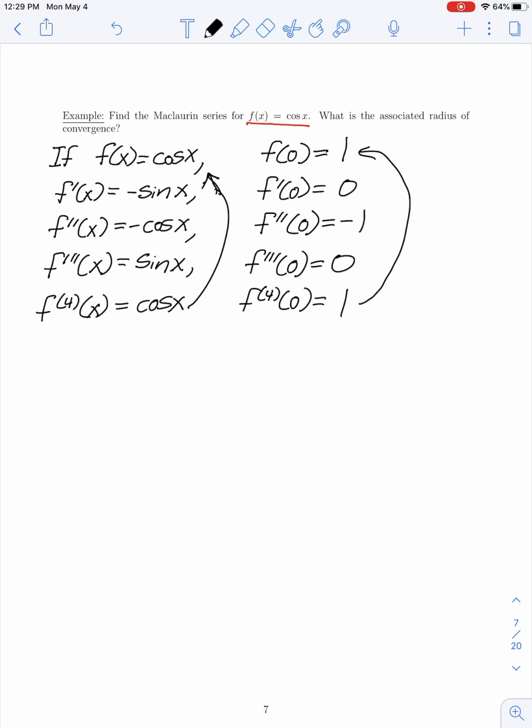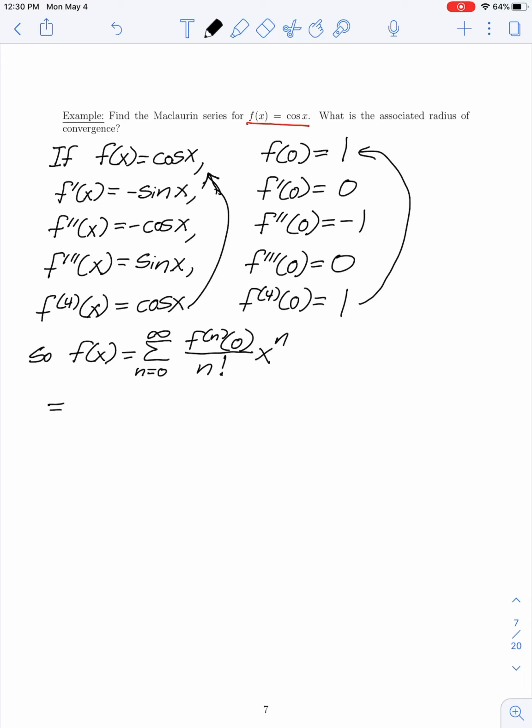So as we did with our last example, let's look at the first few terms of our Maclaurin series. That is the sum from 0 to infinity of the nth derivative at 0 over n factorial times x to the nth power.